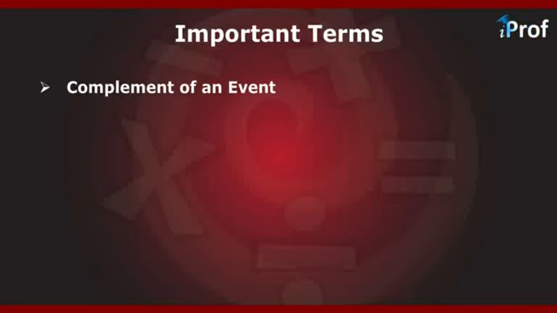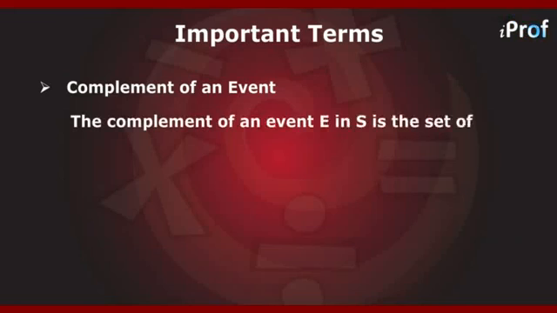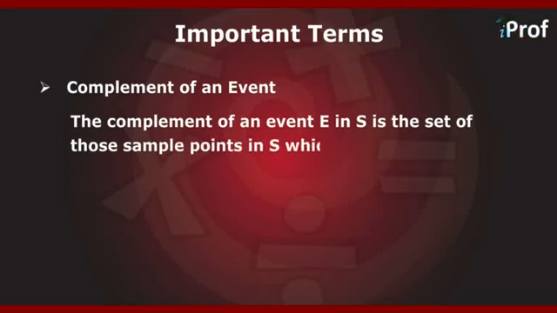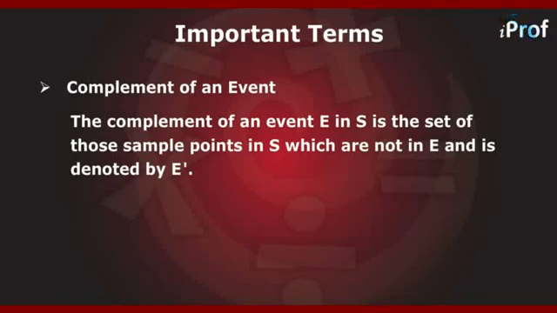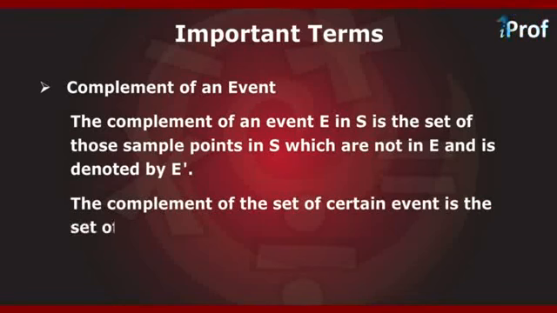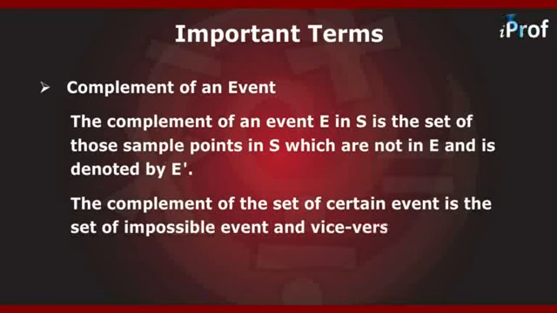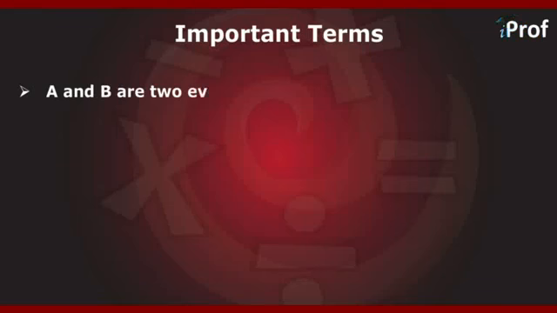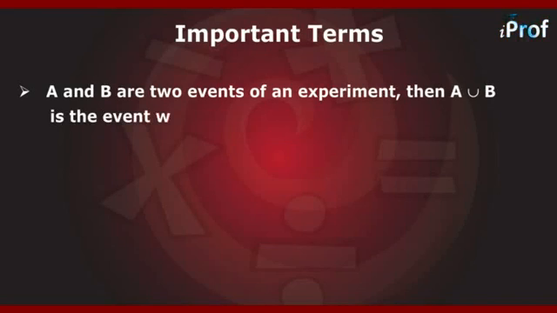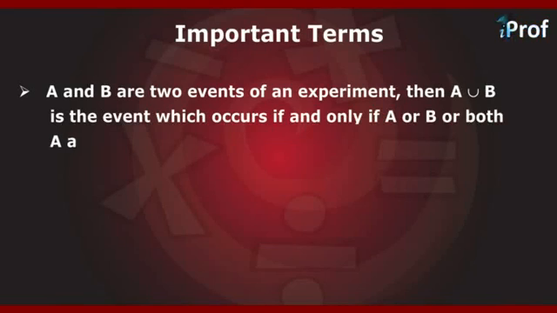Complement of an event: the complement of an event E in S is a set of those sample points in S which are not in E and is denoted by E dash. The complement of the set of certain event is a set of impossible event and vice versa. If A and B are the 2 events of an experiment, then A union B is the event which occurs if and only if A or B or both A and B occur.